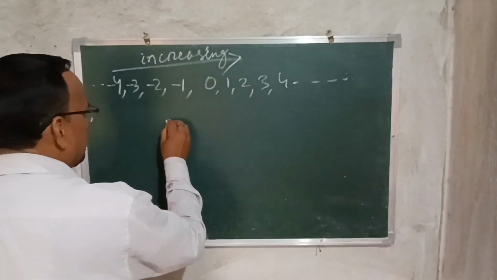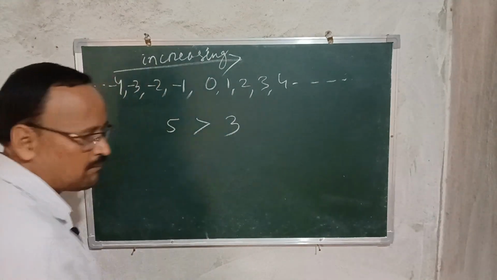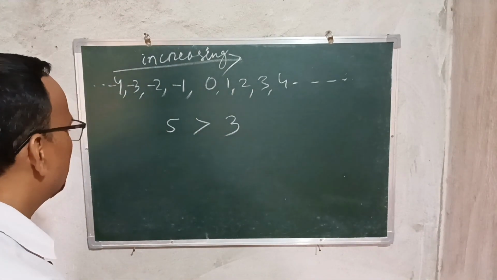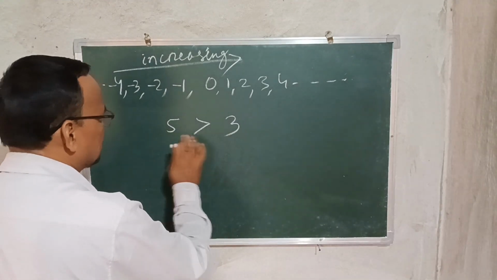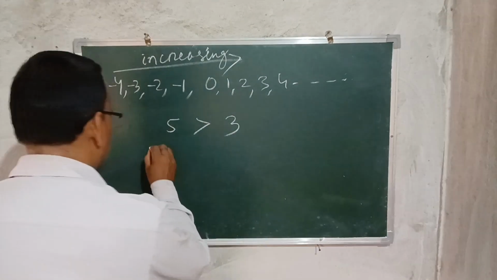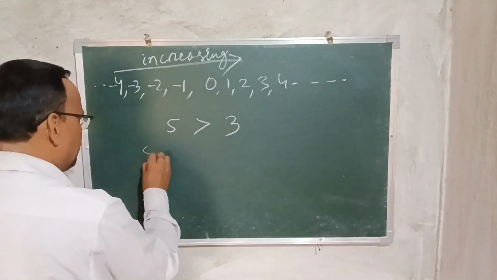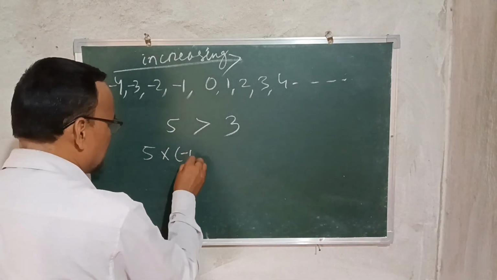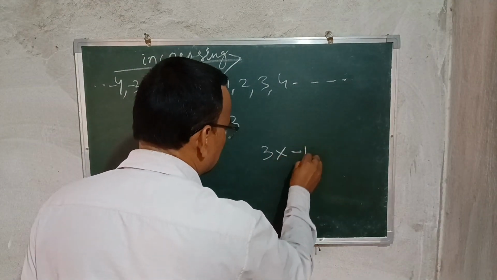For example, 5 is greater than 3. When I multiply both sides by a negative number, the sign becomes the opposite. For example, 5 into minus 1, and 3 into minus 1.